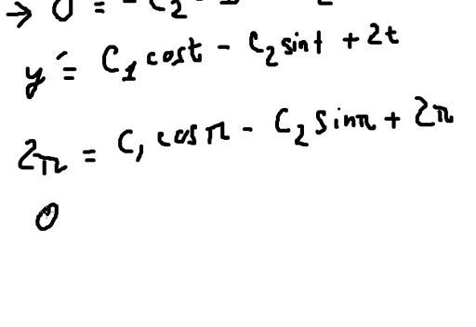So we have 0 equals negative c1. That means c1 equals 0.